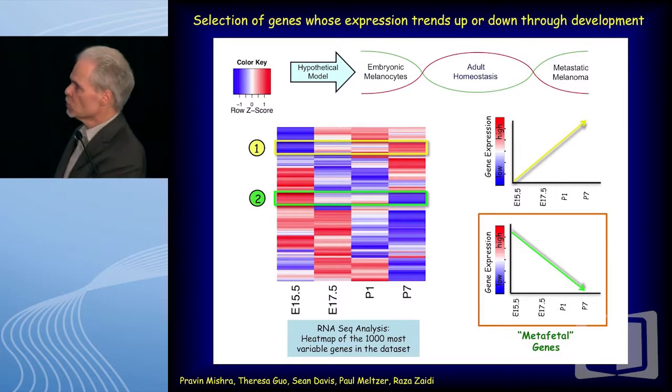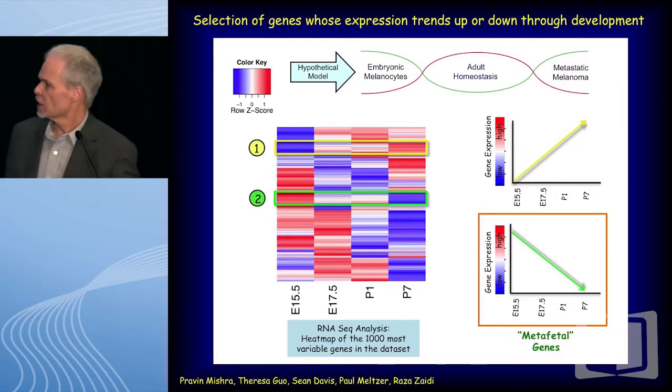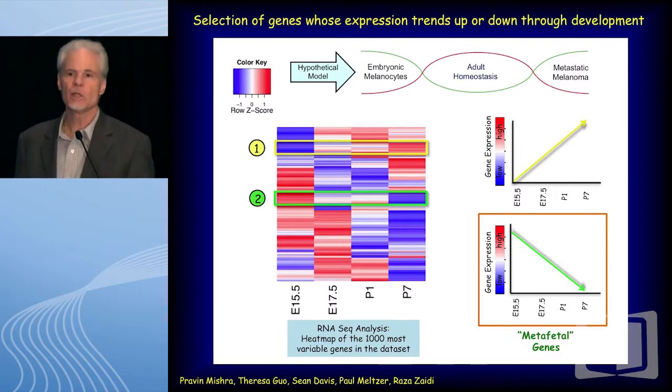Remember, this is our original scheme. The genes that we're interested in fall in two categories. One is those that are very low in embryogenesis, but then jazz up a lot moving into the adult stage. And then the other ones start out high, but then get squelched.